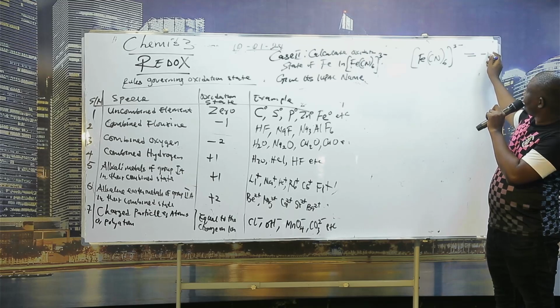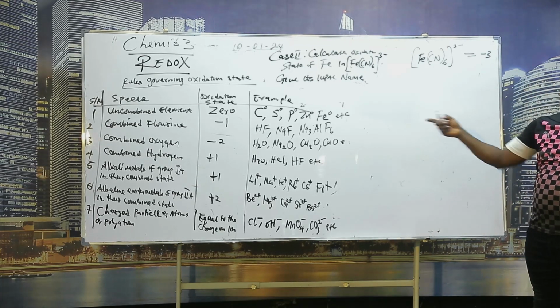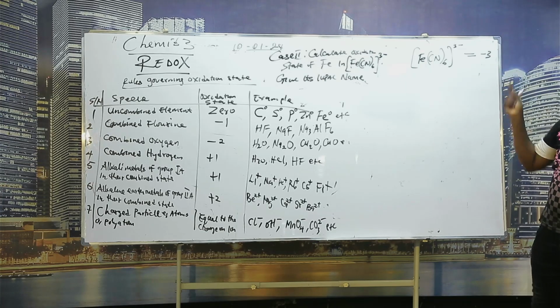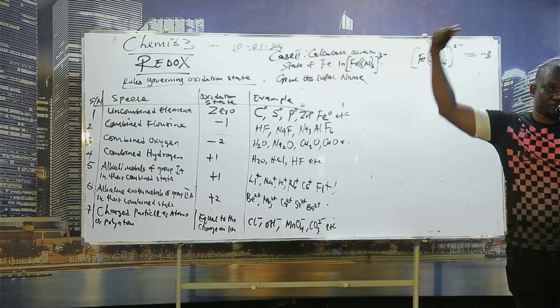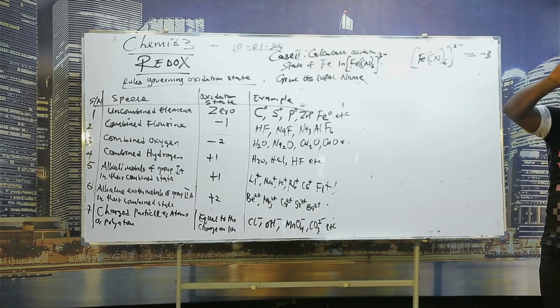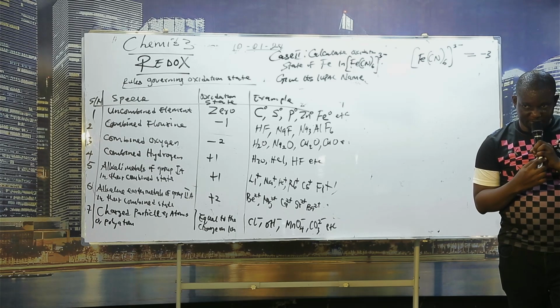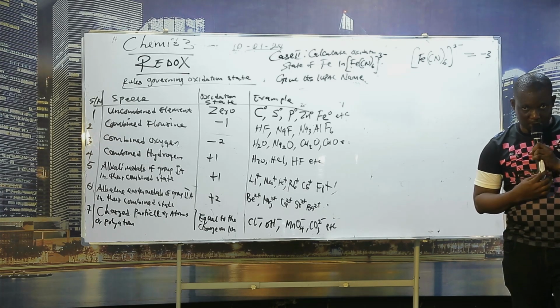Everything is equal to minus 3. Agreed? Remember the rule: whenever you see a particle or molecule that is charged, the oxidation state is equal to the charge on the ion. So the charge on this particular species is minus 3. Start with that first. But no one is going to give you marks for doing this; either the answer is correct or wrong.